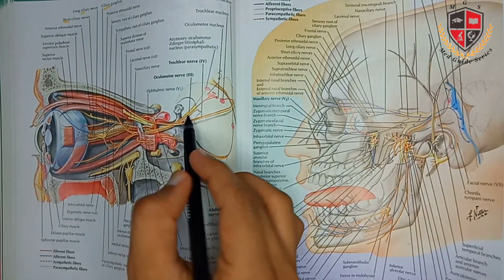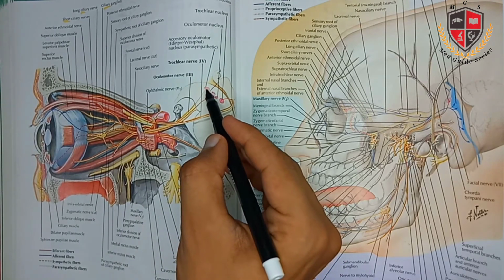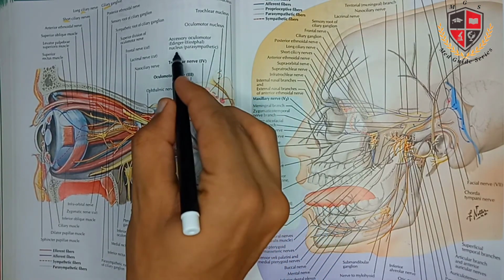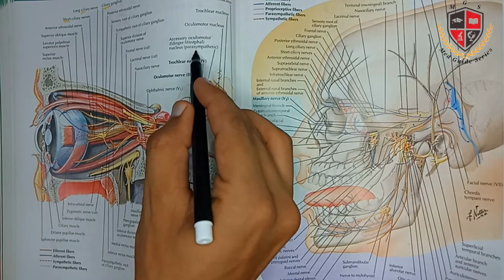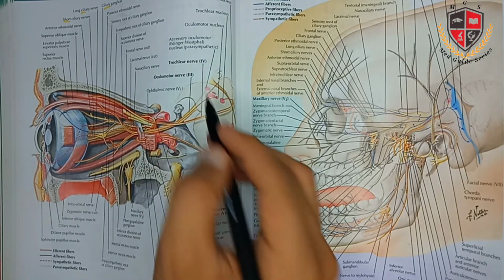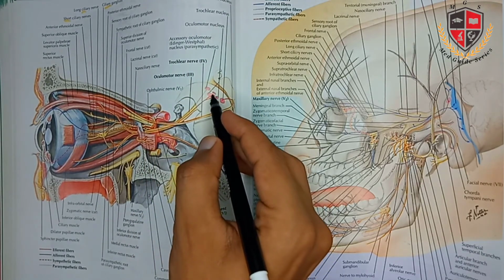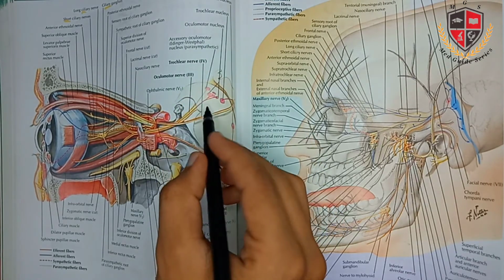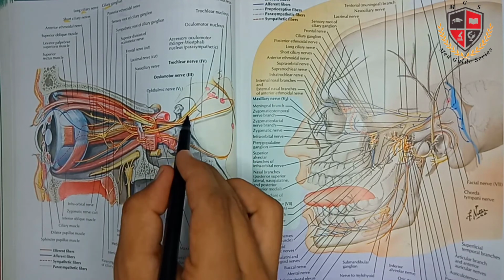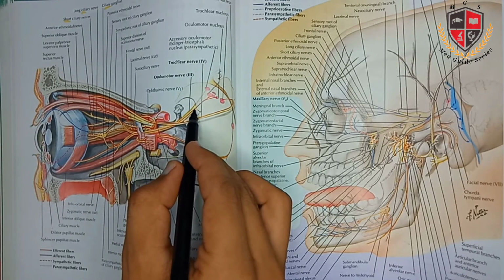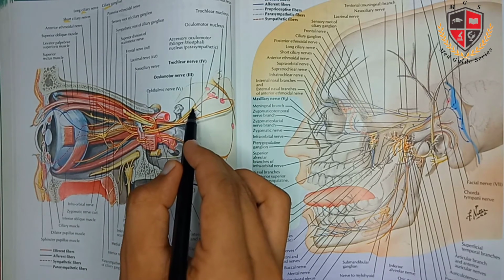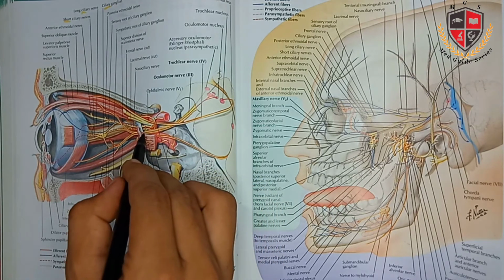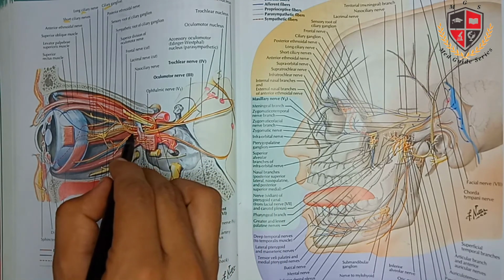This is the oculomotor nerve. This is the accessory oculomotor nucleus, the Edinger-Westphal nucleus or parasympathetic nucleus, and this is the motor nucleus of the oculomotor nerve, also called the oculomotor nucleus. The oculomotor nerve emerges from the midbrain at the level of the superior colliculus and passes through the superior orbital fissure.